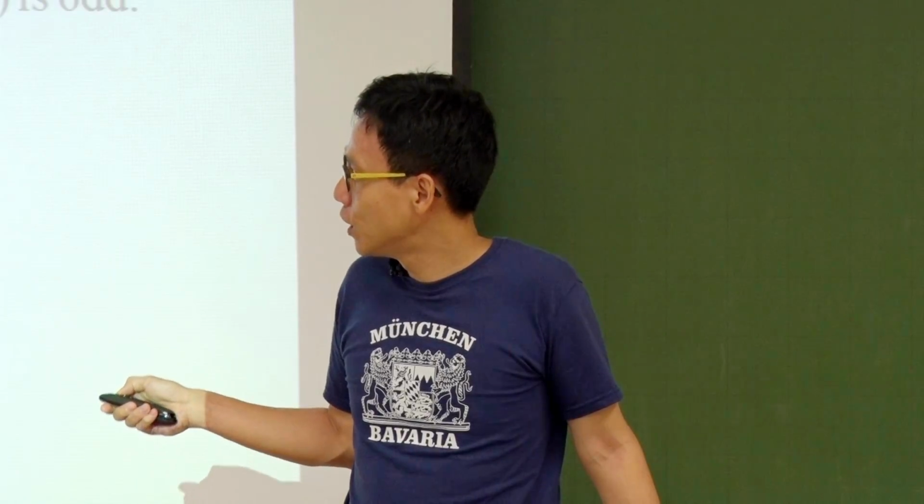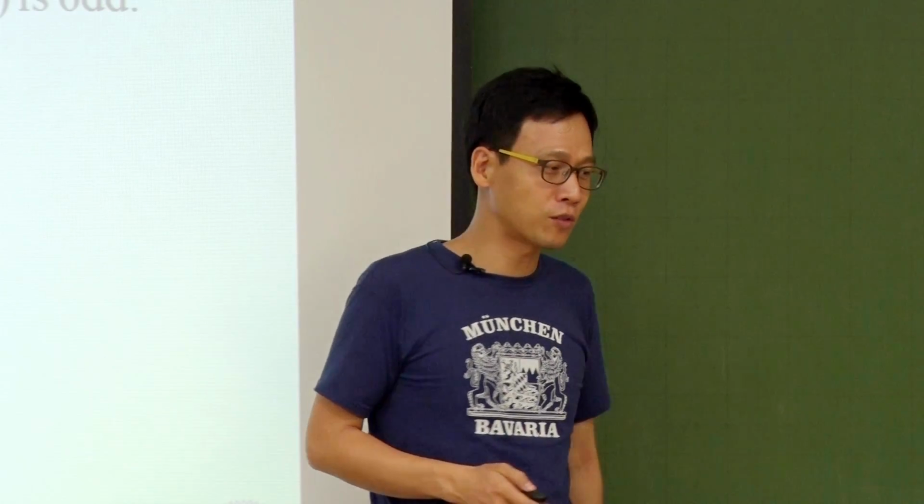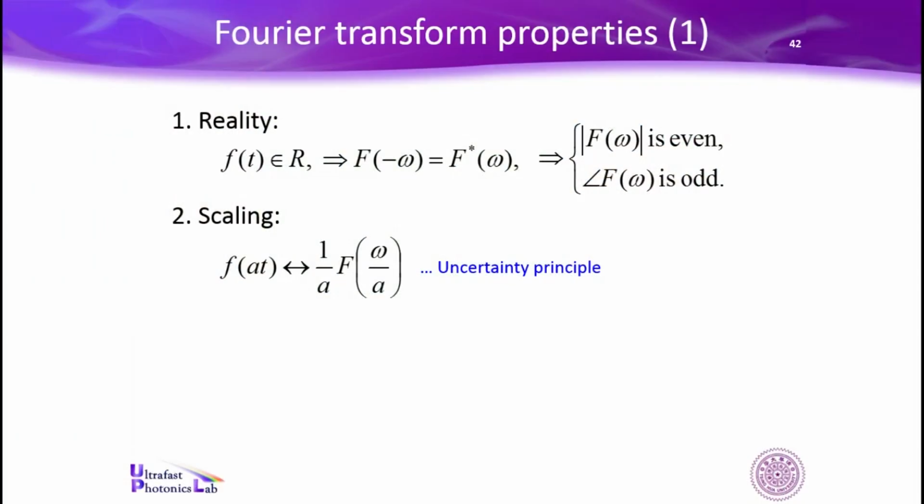You get a very broad uncertainty. Okay, so it's very similar to the scaling relation in the Fourier transform. We will also use the scaling property soon.